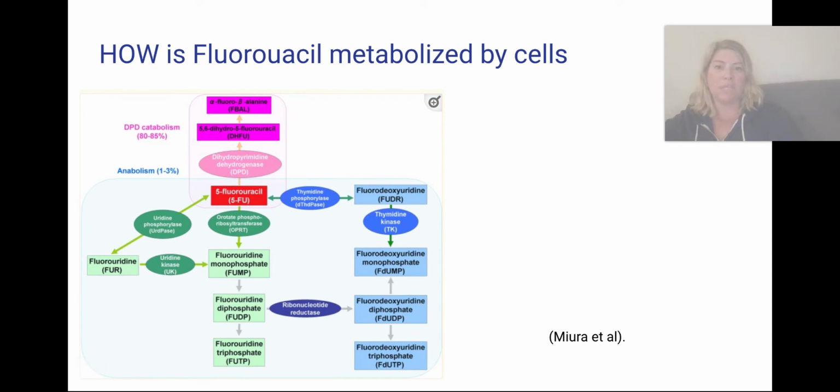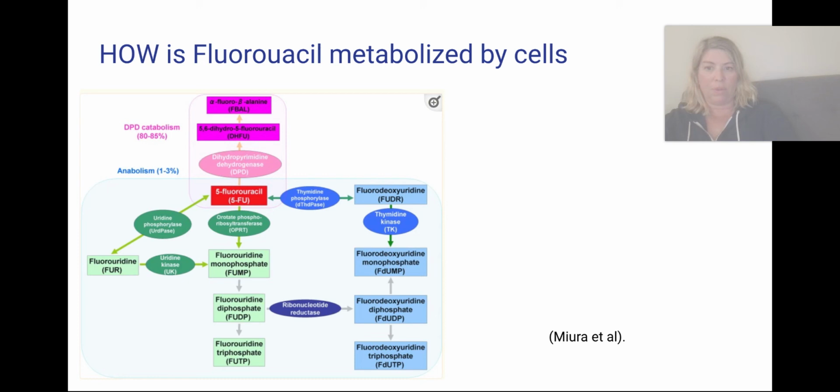I think this is a really good slide. I took this slide from some of my research, but this just shows you in a bit more detail how the fluorouracil is metabolized by the cells. You've got catabolism and anabolism.